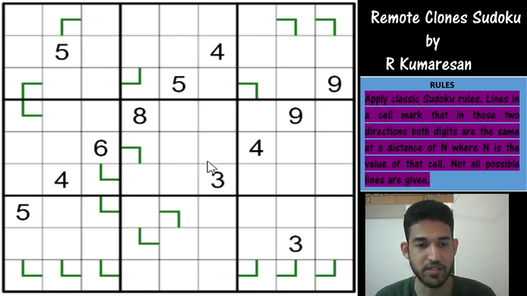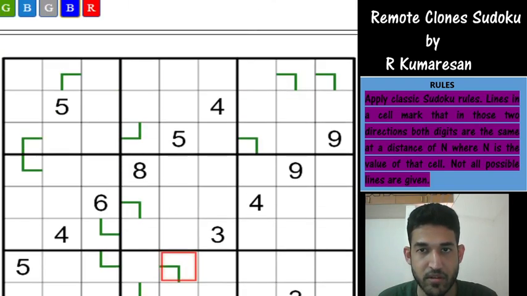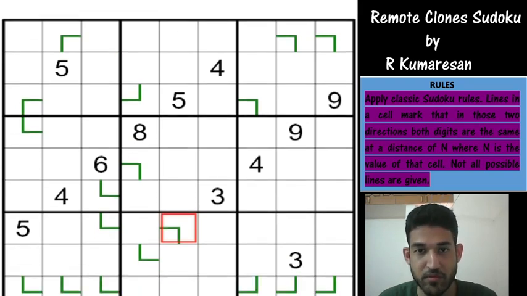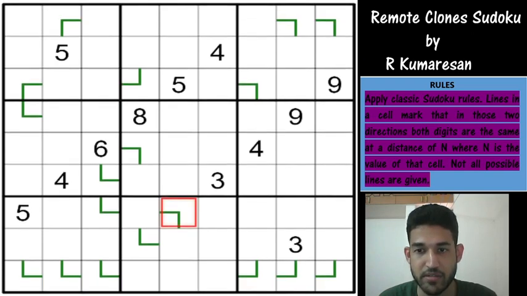Okay, rules are simple. So for example, if you have, let's say, a value of 3 here in the line.